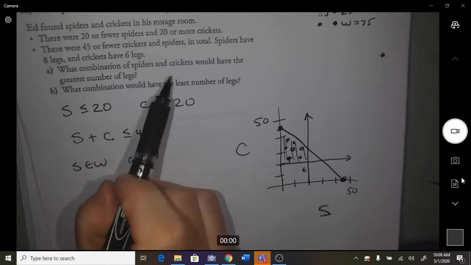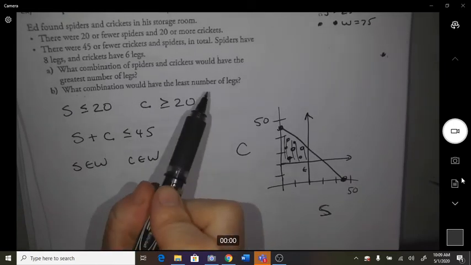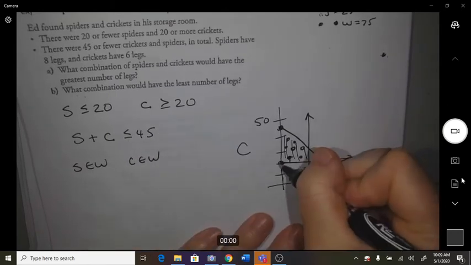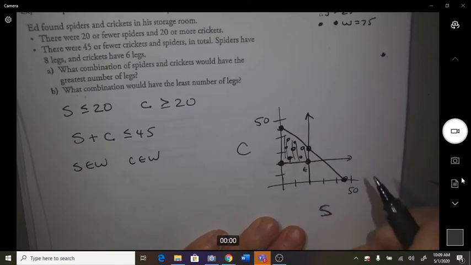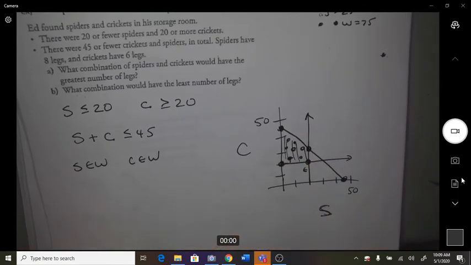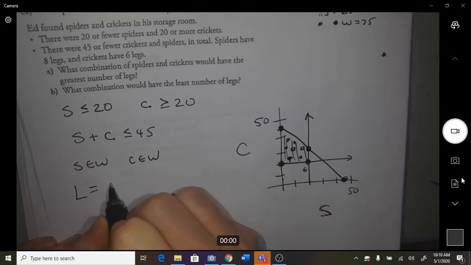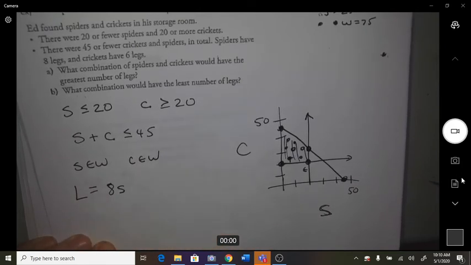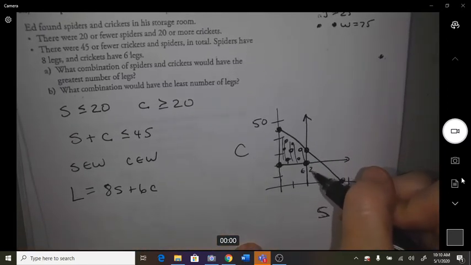Okay, what combination of spiders or crickets would have the greatest number of legs, and what combination would have the least? Okay, so I'm going to figure out my 4 intersection points and my objective function. So my objective function is legs, which would be 8 times the spiders plus 6 times the crickets. Okay, so the points: this one would be 20, 20.